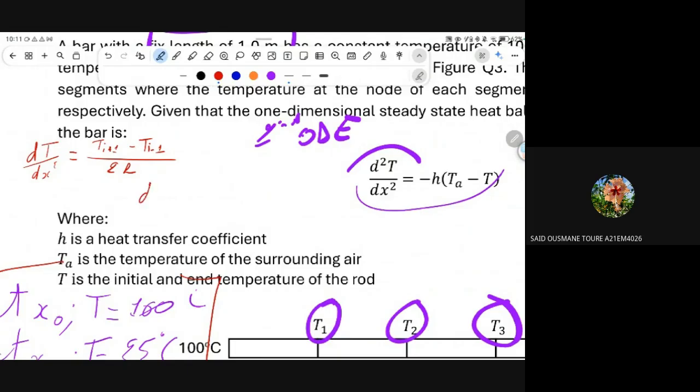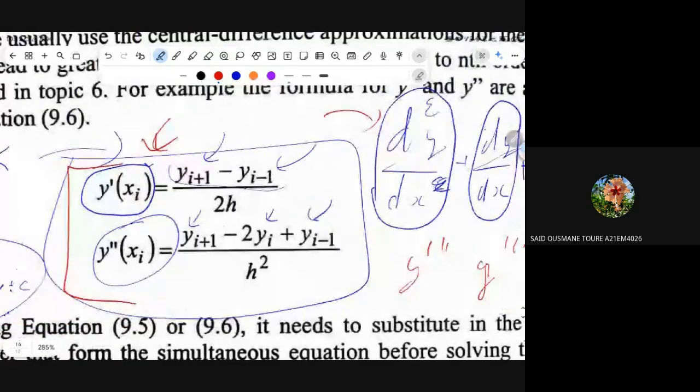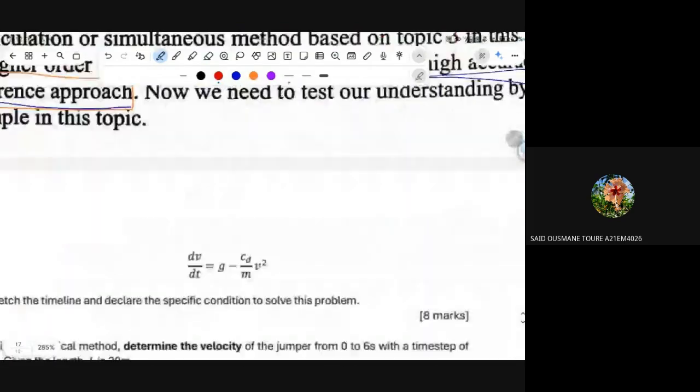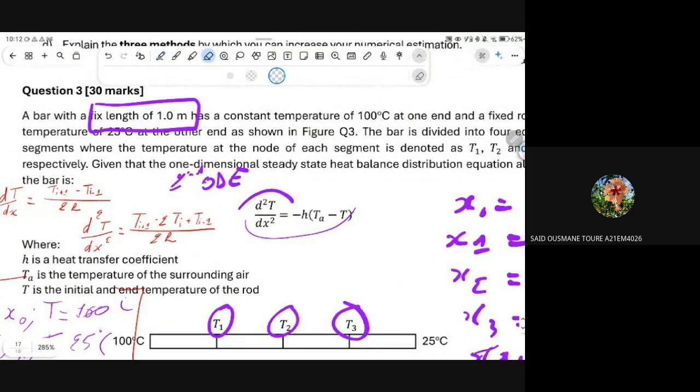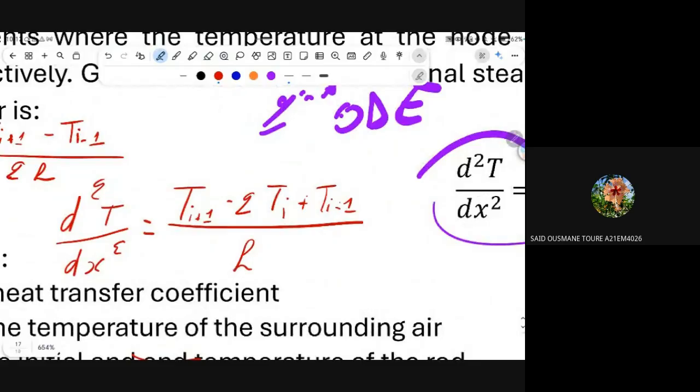However, we also know that the second derivative equals T(i+1) minus 2 T(i) plus T(i-1), over h squared.